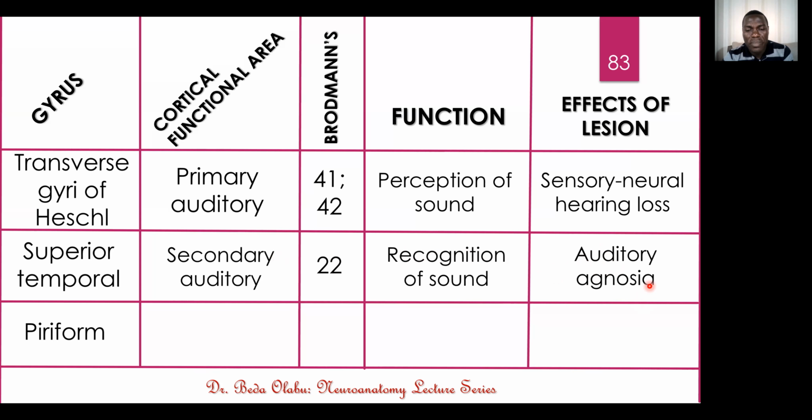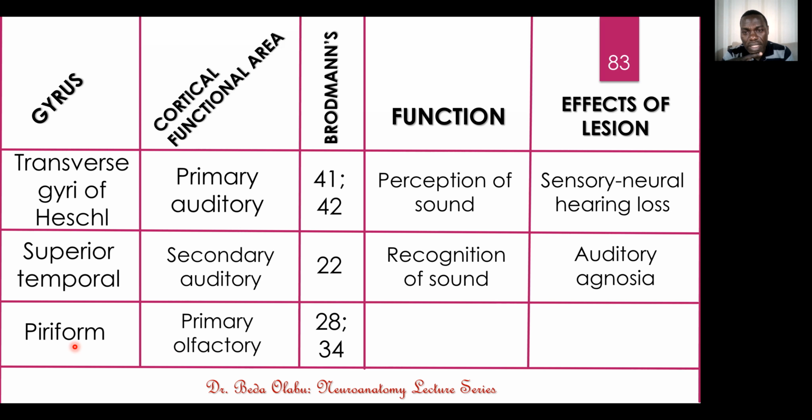I'm making that assumption. Okay, the other region that I want to talk about, I didn't mention it, is the Piriform Lobe. The Piriform Lobe is still part of the Temporal Lobe. It is the region represented by the uncus and the anterior parts of parahippocampus.